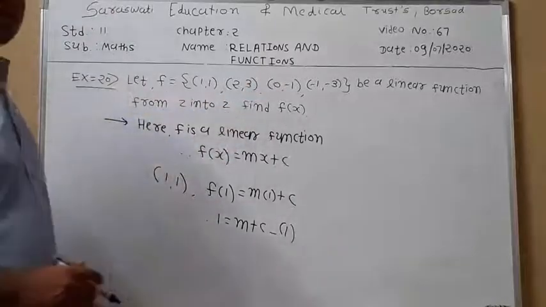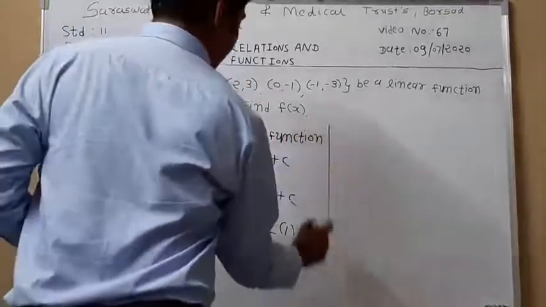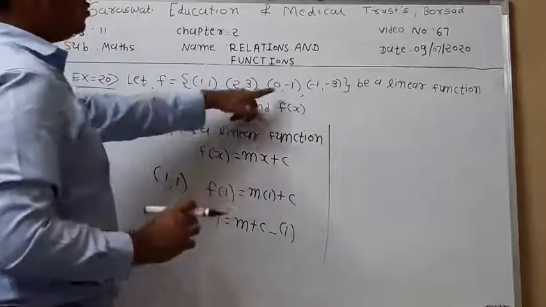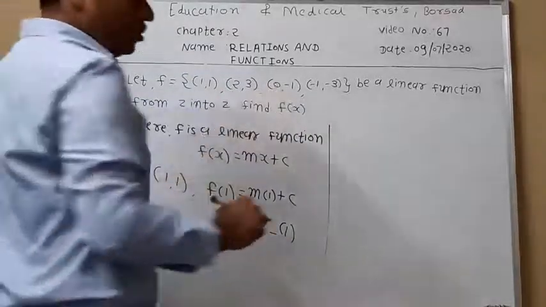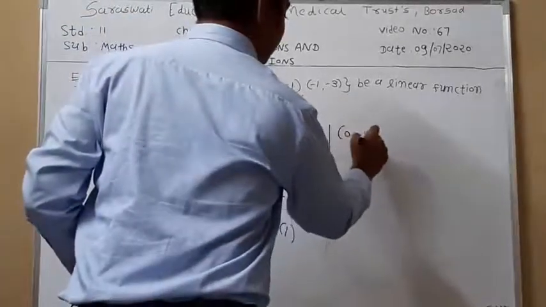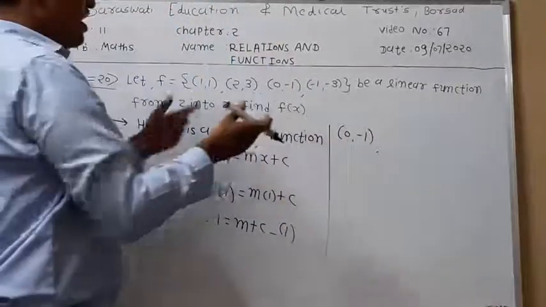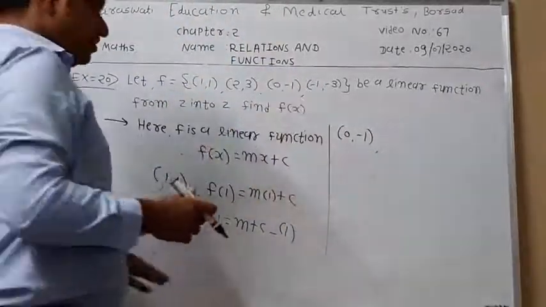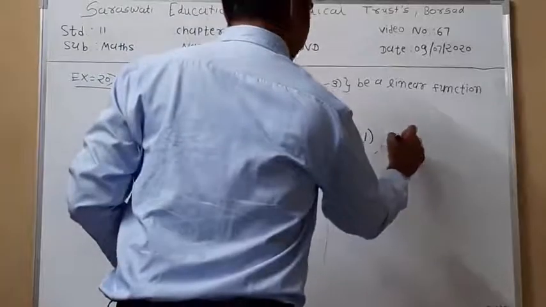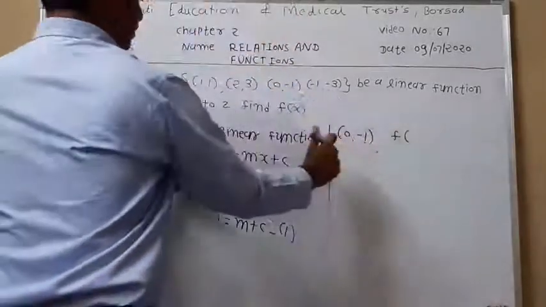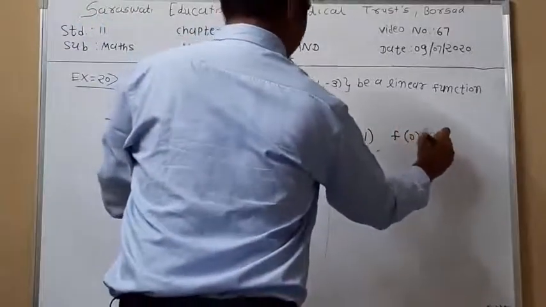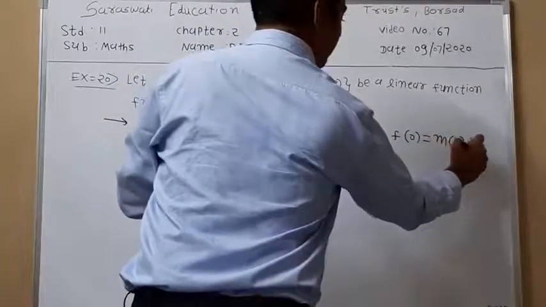Now we can consider any other ordered pair. Here 0 is present, so we consider the ordered pair (0, -1). We can take any ordered pair, we get the same answer. So now f of 0 is equal to m times 0 plus c.